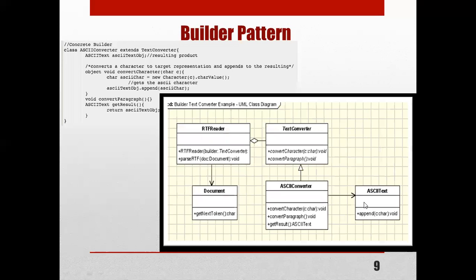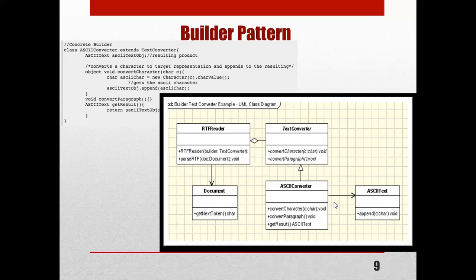Then the next one is the concrete builder. This is the abstract builder, this is the product, and this is the concrete builder. Class ASCIIConverter extends from the TextConverter class. Here you can see we are going to create an ASCIIText object, the resulting product ASCIIText.